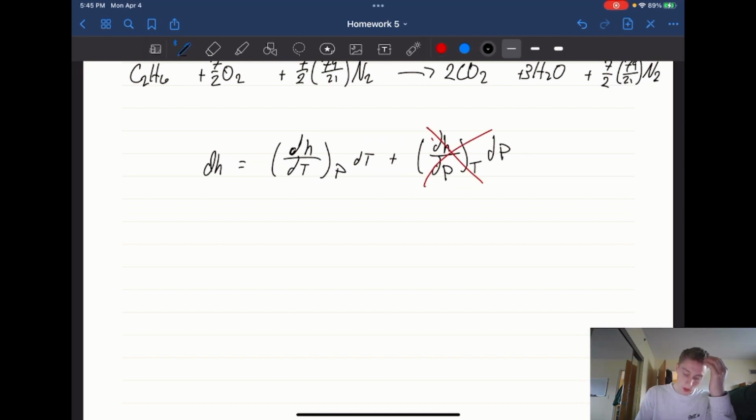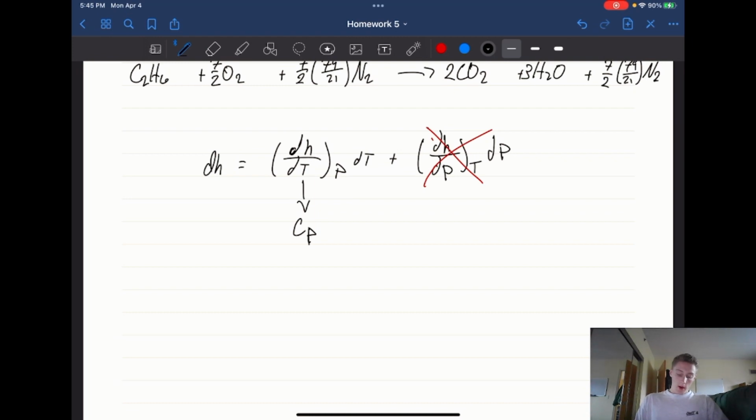And then this one we represent as CP, or specific heat. And you'll notice as temperatures increase higher and higher, our specific heat can change. So we'll need to change that as temperature increases as well, and we'll get to that once we get into the Python code. It's not just going to be a constant.